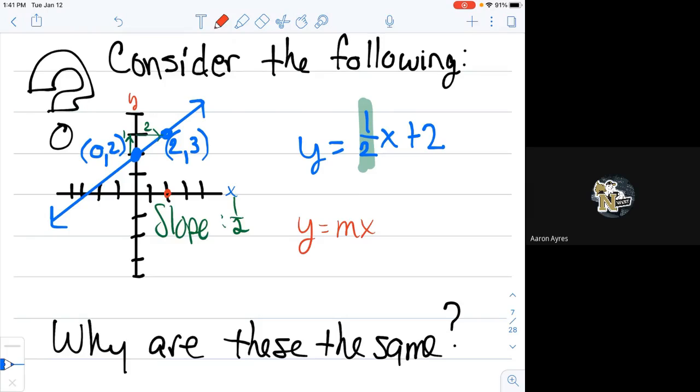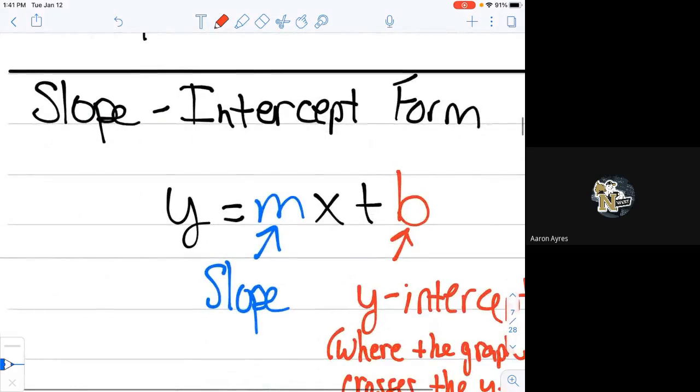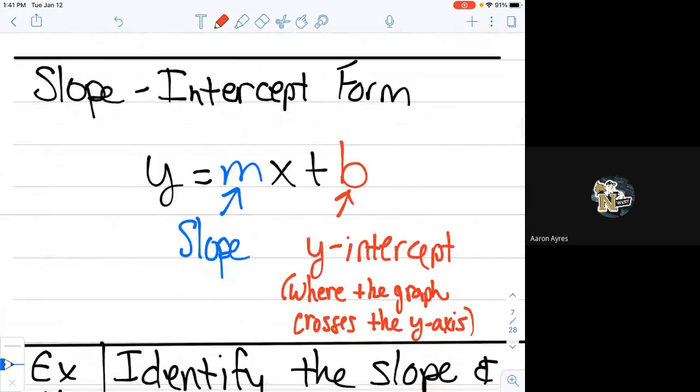What I'm going to show you is how an equation is written in slope-intercept form. Here it is. Check this out. And get a picture of this. Does everybody have their picture?